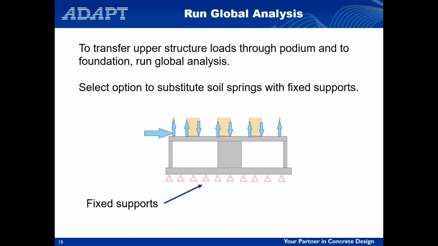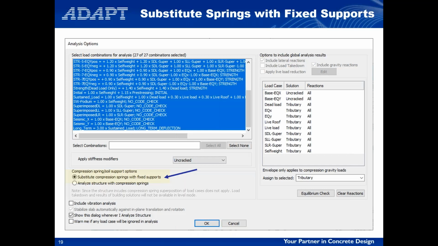So what we're doing is running our global analysis in the background. And I'm now switching to where you're looking at the analysis option window when we're in global mode. You see here, I've highlighted it in the middle yellow on the bottom left.